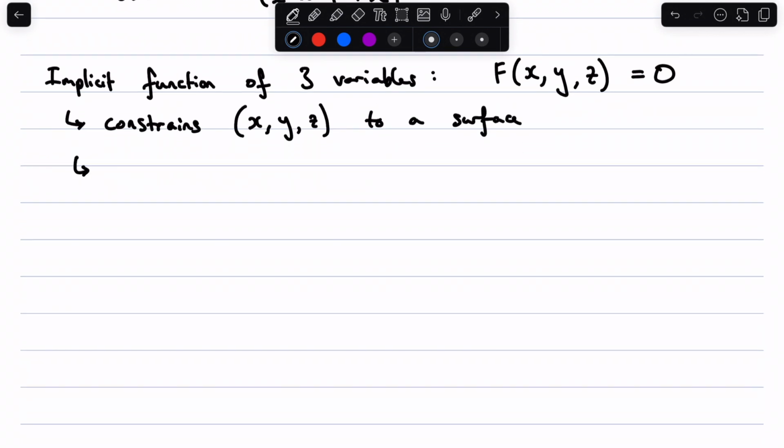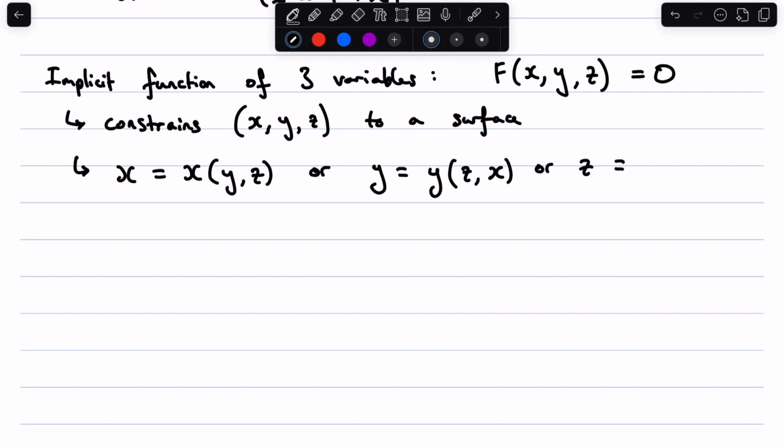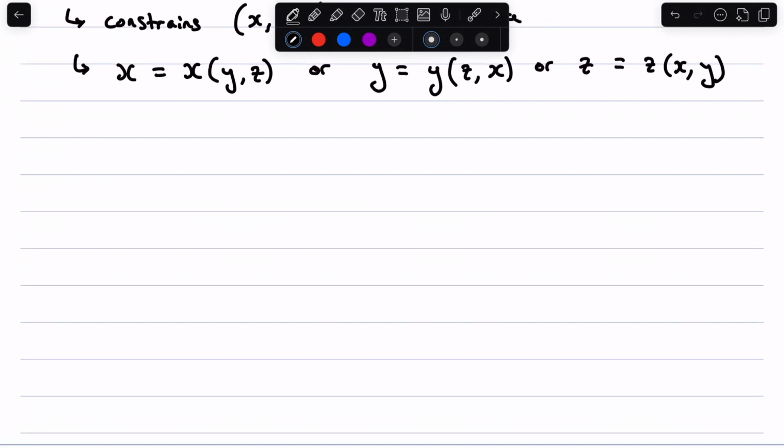If we wish to, we could rewrite our function F in the following way. We could say x is equal to a function x of y and z, or we could write y is a function of z and x, or finally that z is a function of x and y.